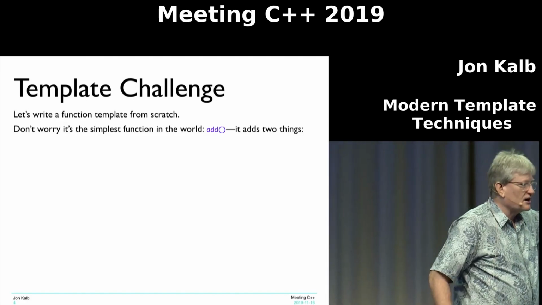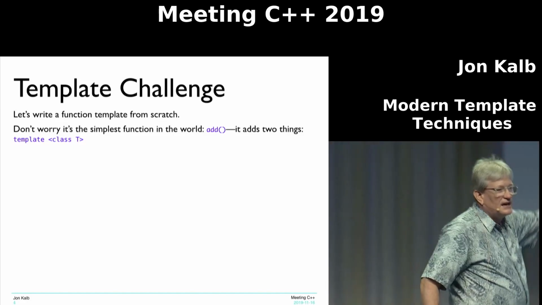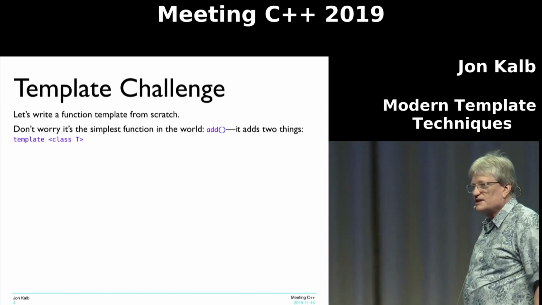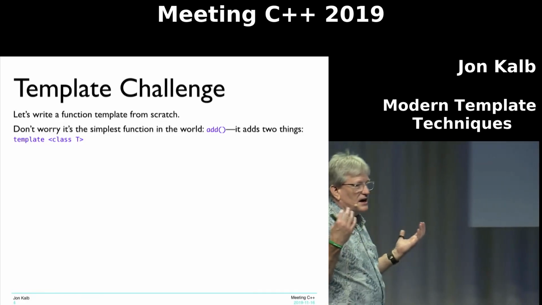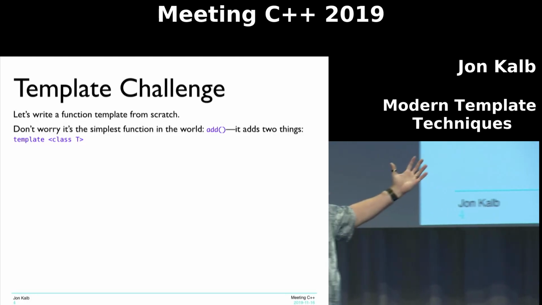So how's it going to start? We're going to say template and then some class and some arbitrary identifier, but by tradition we say T, right? Now we have to get to the function signature. And what do we want to do for that?